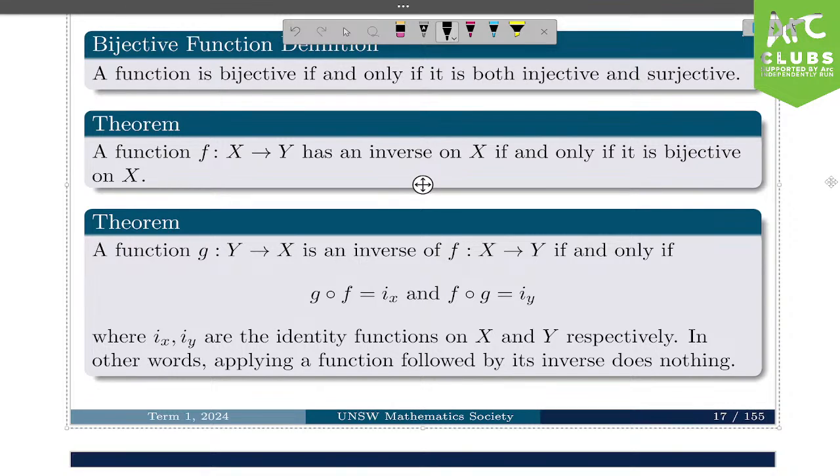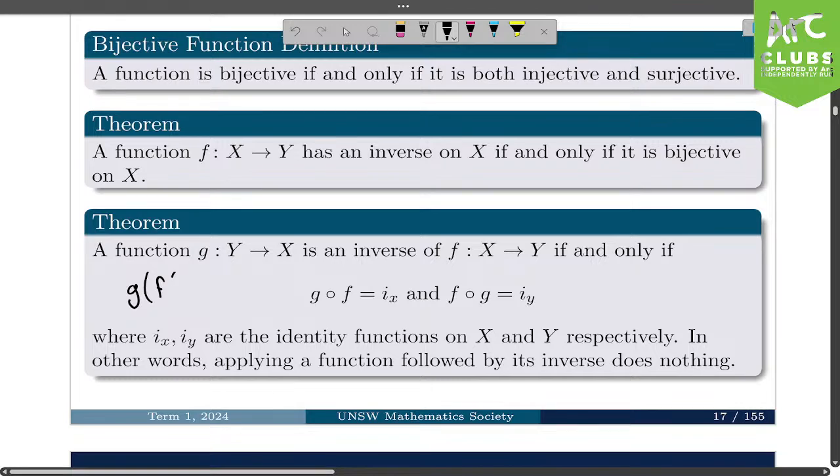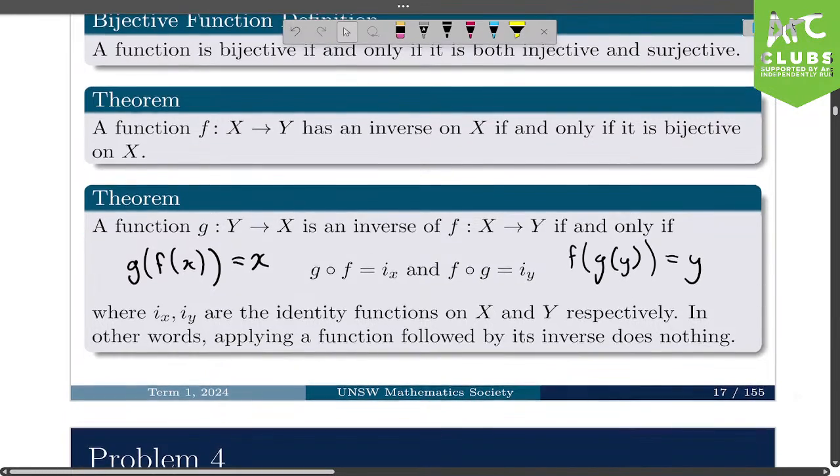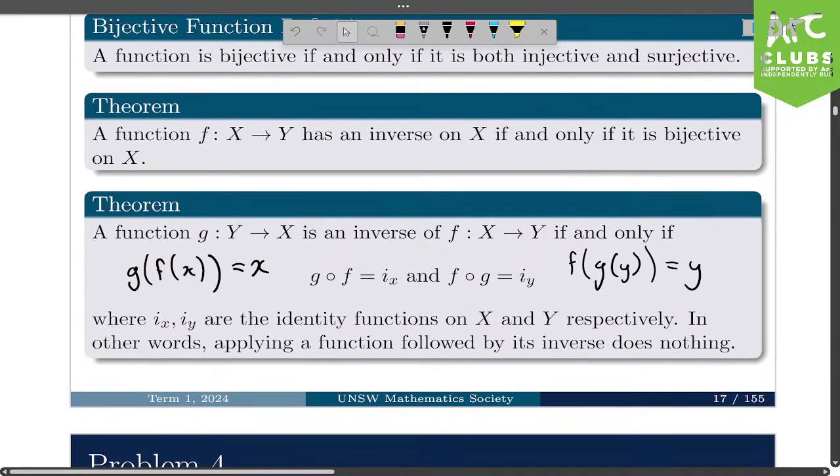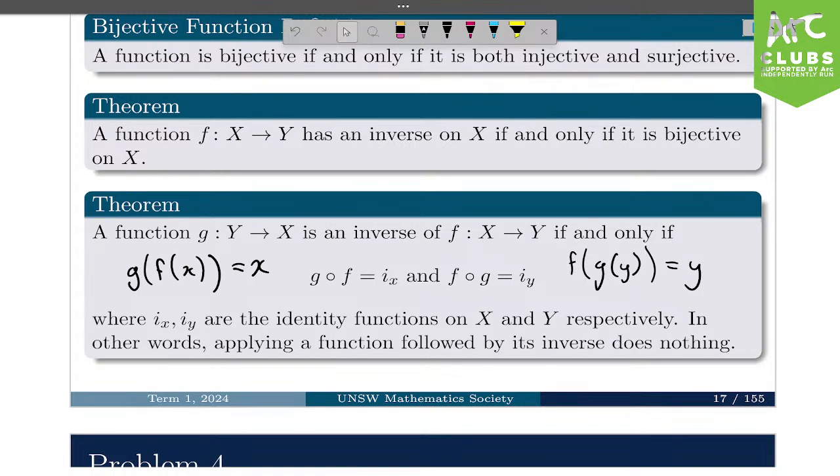So what that basically means is that g of f of x always has to return x, if g is in fact the inverse of f. And likewise, f of g of some element y in y has to always return our original input. That makes sense, because applying a function followed by its inverse will do nothing. The inverse has to reverse what that function does.